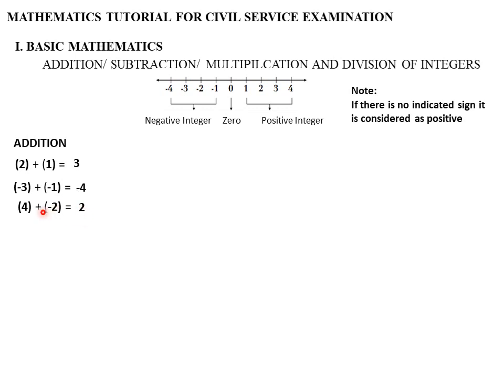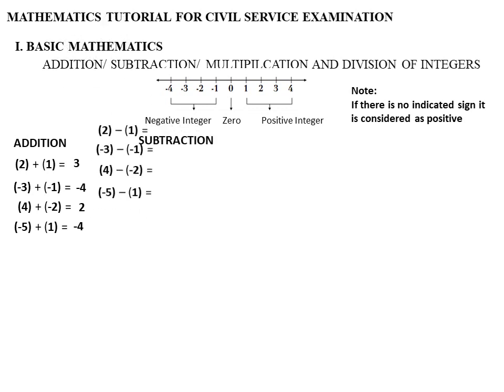Then the other one, negative 5 plus 1. Again they have different signs, so we will adopt the sign of the highest and then subtract 5 less 1, which is equal to negative 4. Okay, so that is addition.